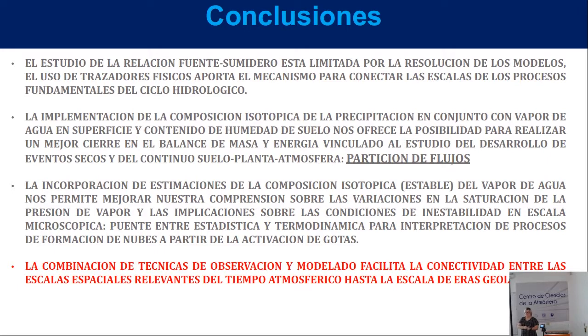And the tool is quite powerful. It used to be very expensive. It has become a little bit more democratized, the analysis of the isotopic composition. It's not super economic, but the sampling is simple and the processing of samples is simple also. And there are ways to facilitate the analysis of the samples, and that has allowed the networks of information to start being a little bit more continuous.